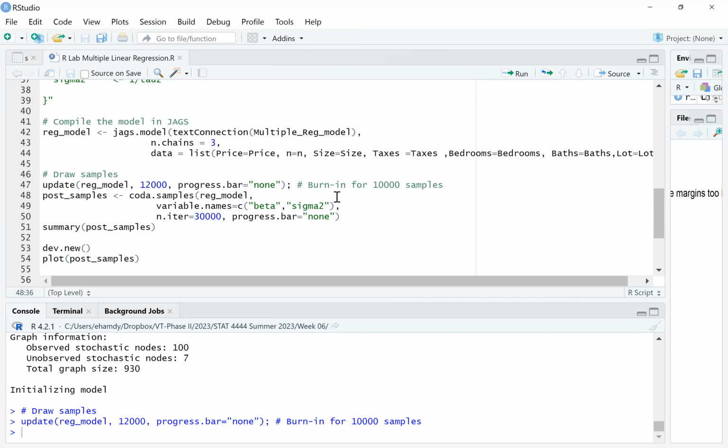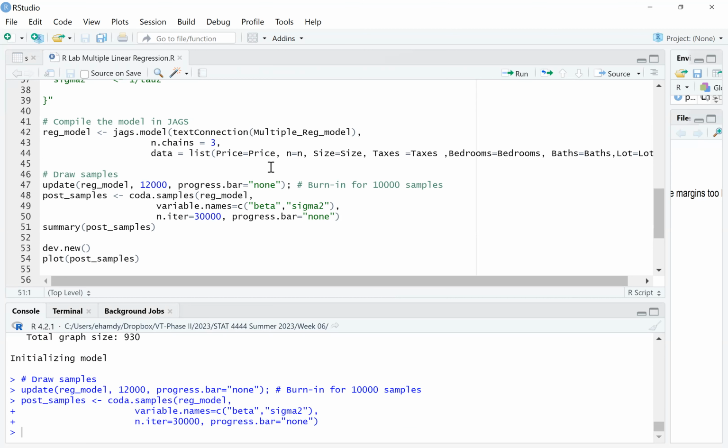So let's generate a random sample from each posterior distribution of each parameter. And then let's summarize the generated random sample from the posterior distribution, and look at the mean, standard deviation, 95% credible set, and so on.